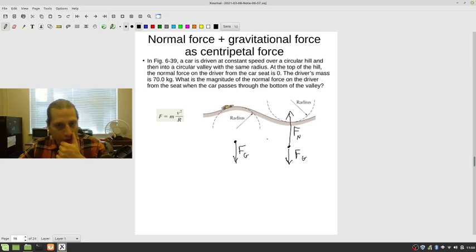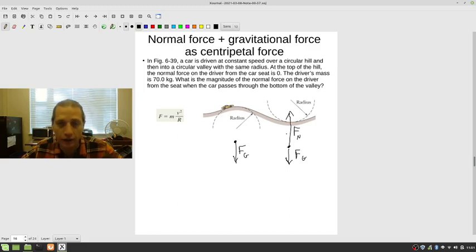Now, the thing to notice is that in the first case, the centripetal force, the force causing this object to go around in a circle, is the gravitational force. In the second case, the centripetal force, the thing that's causing it to go around in this other circle, is the net force due to both the normal force and the force of gravity.